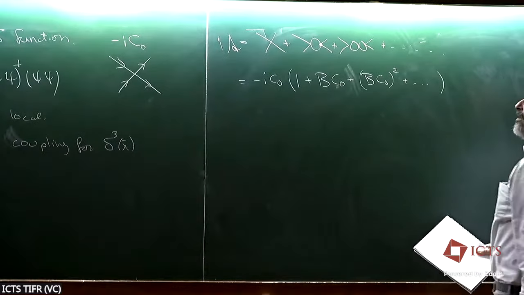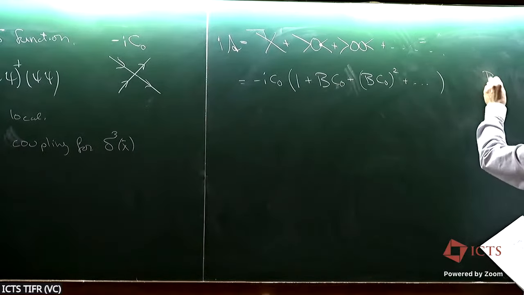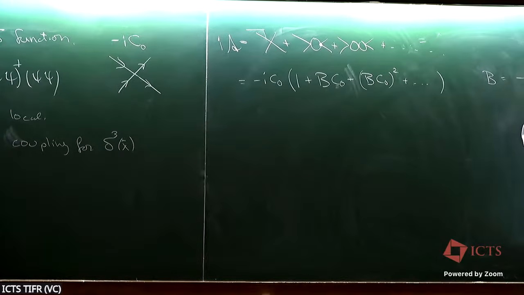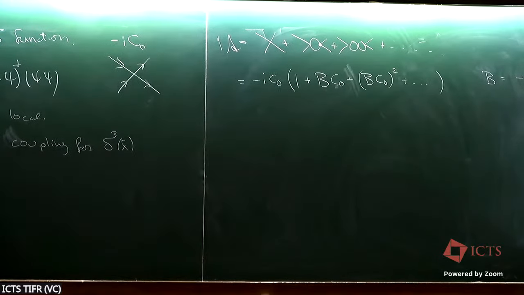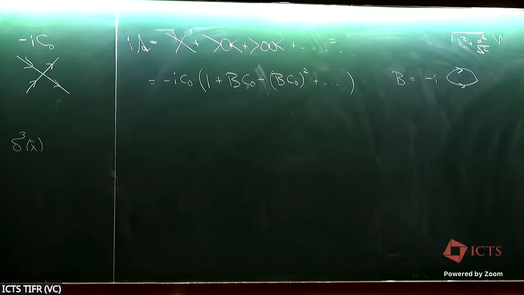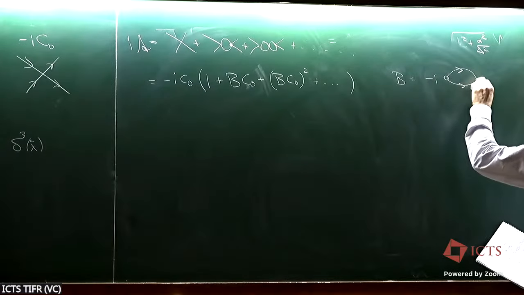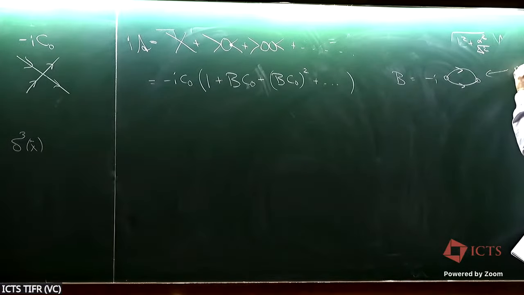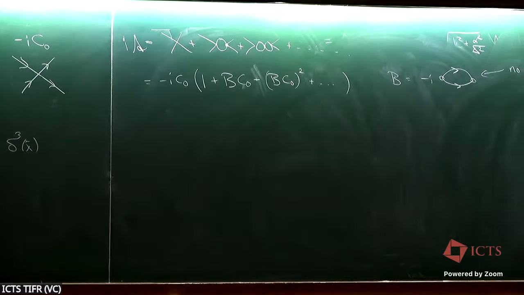So B is this diagram there with no coupling constants at the ends. I've taken out the C naughts explicitly, so there are no C naught factors in that diagram.